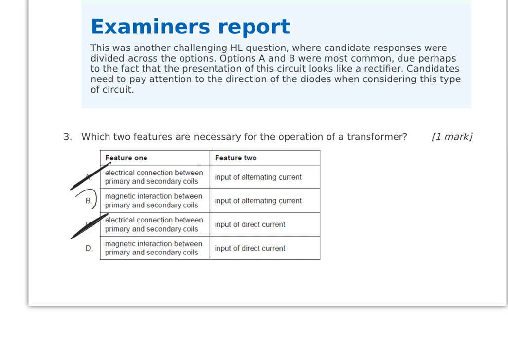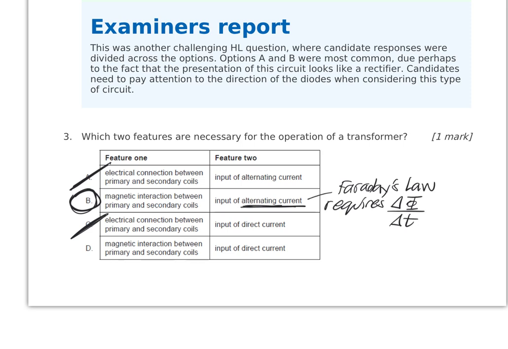And it would need to be B, an input of alternating current, because in order to induce a current, Faraday's law requires a change in flux per unit time.